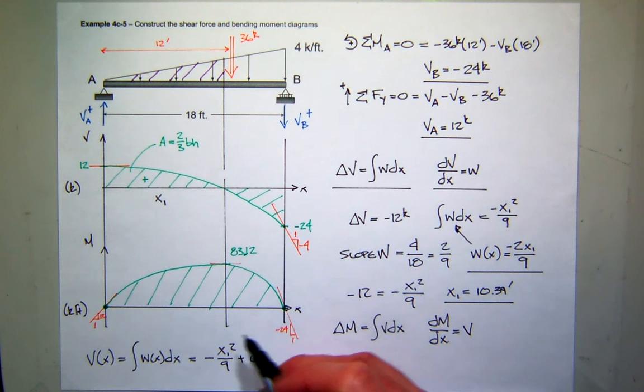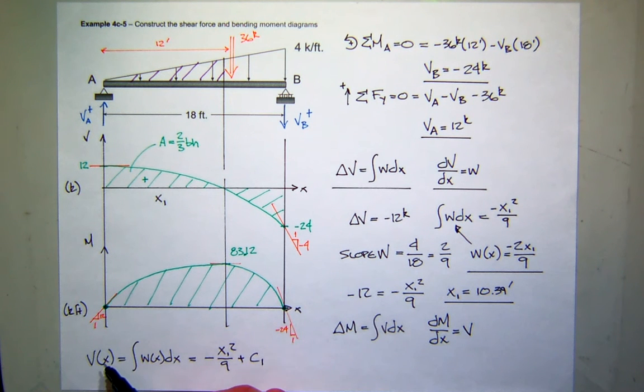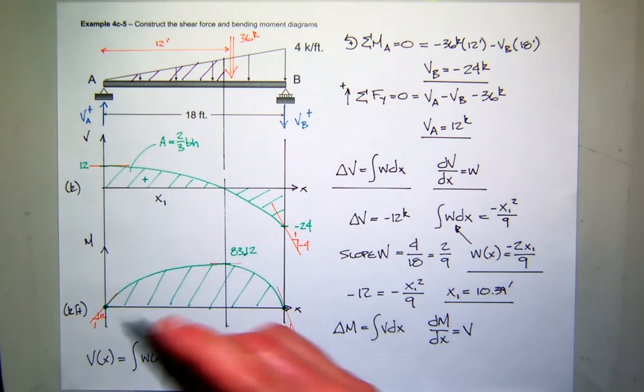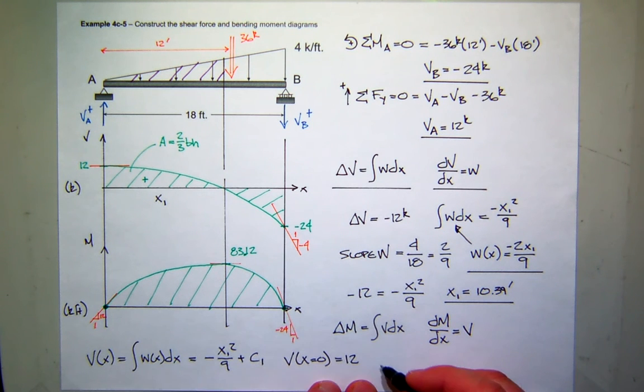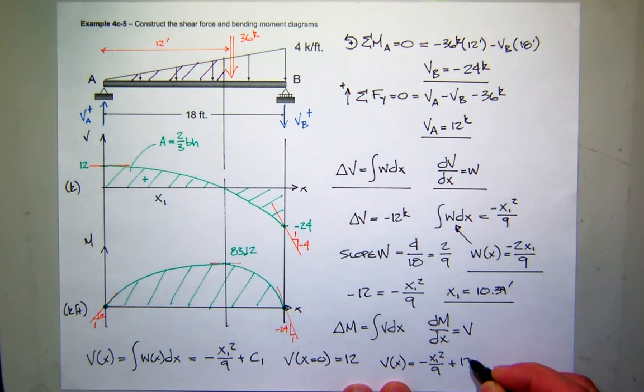Okay, now how do we solve for this integration constant? Right. We know that when x is equal to 0, what's the shear value? 12. So this curve has to fit the fact that when x is equal to 0, I know the shear is 12. And that's the easiest one to fit. So you can now see that our actual shear equation would be minus x1 squared over 9 plus 12.